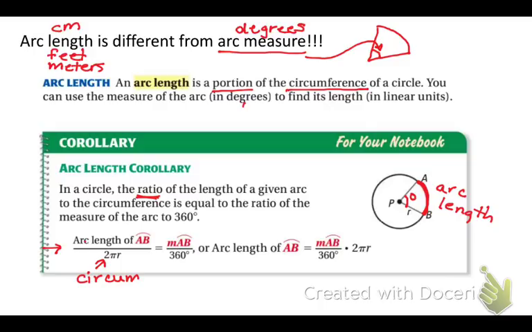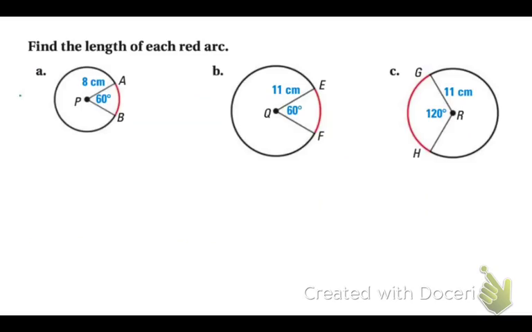In order to use this formula, you're going to need to know what r is, and that way you can figure it out. So let's work a few problems, but keep this formula handy. It is also on your theorem sheet and your vocabulary sheet, so it's important to have those with you as you go through this.